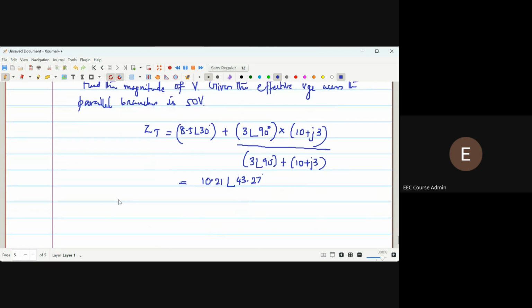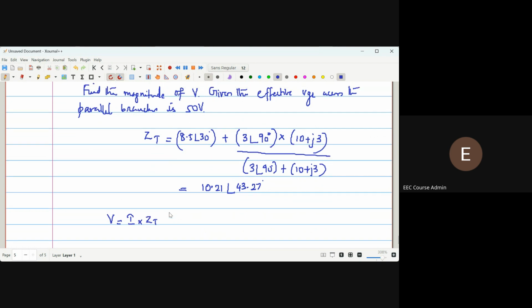Then this V will be simply this I into Z total. So how to calculate this I?